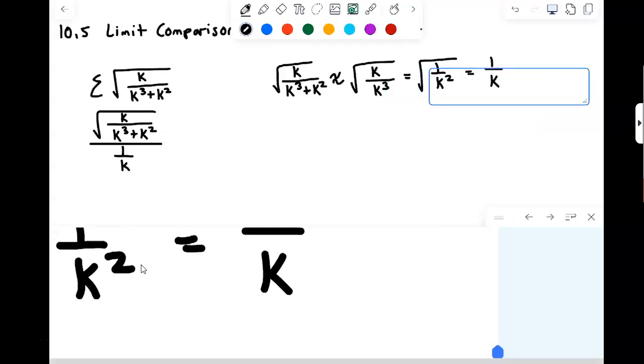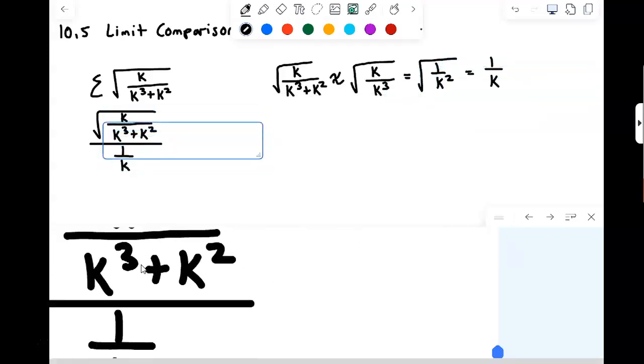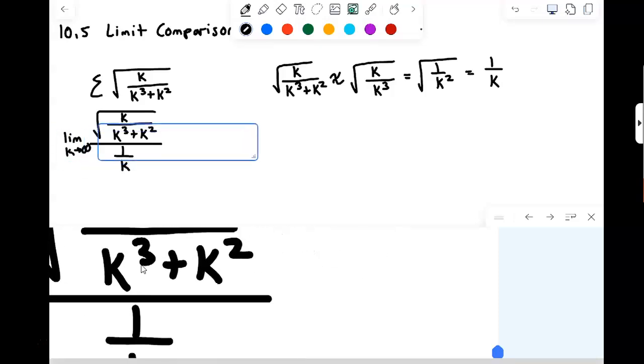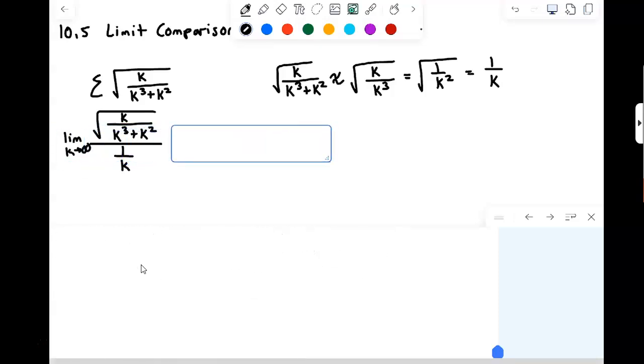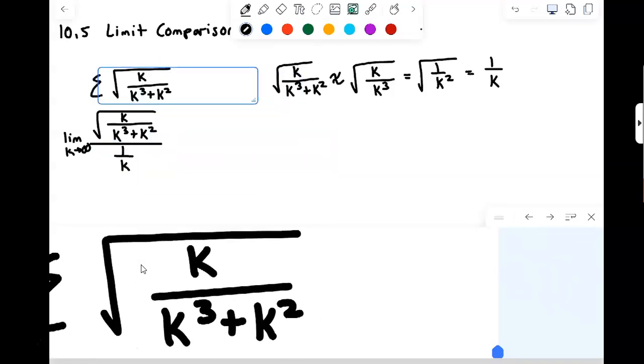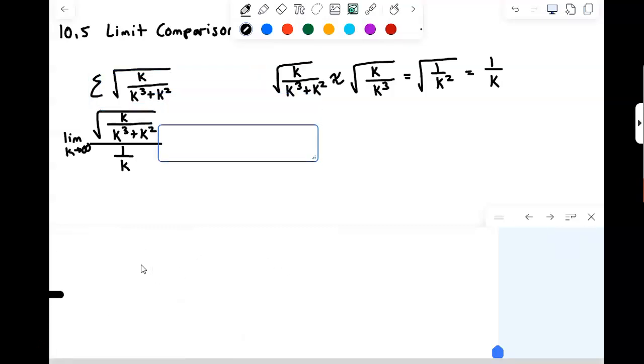Now we know 1 over k diverges. So we're hoping to see that this limit is going to approach some number, so that we can say, since this one diverges, we assume ours is going to diverge as well. But we do have to actually prove it.